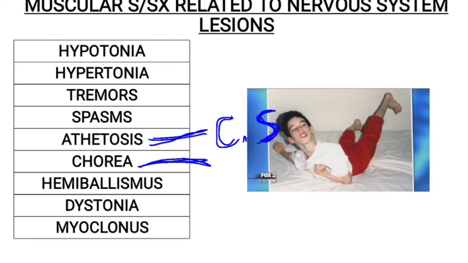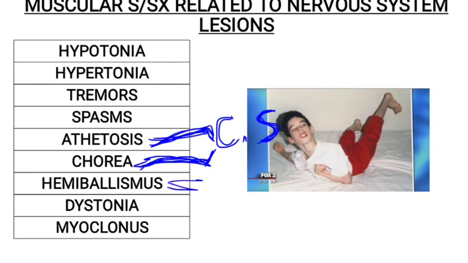This is opposite to Parkinson's disease, because Parkinson's disease is a type of hypokinetic movement disorder, which means that a person who has Parkinson's disease would usually have smaller amplitude of movements and slow execution of movements, whereas your athetosis, chorea, and hemiballismus are hyperkinetic movements. So they usually present with fast movements. So your chorea presents with purposeless, fast movements that occur with damage as well to your corpus striatum.